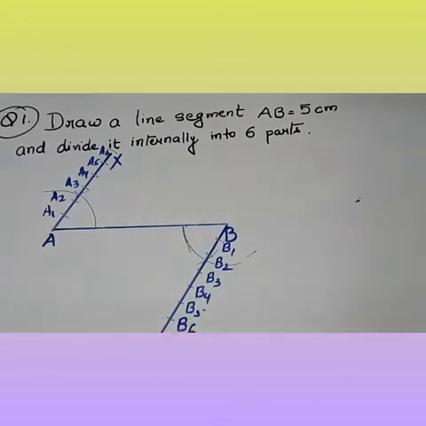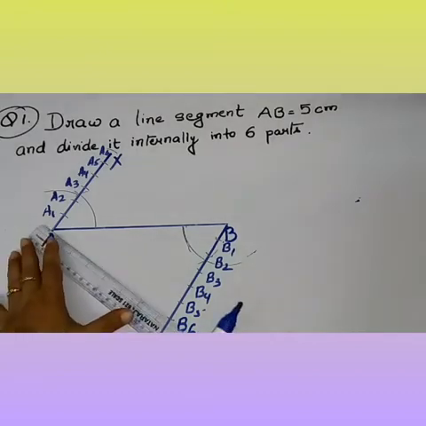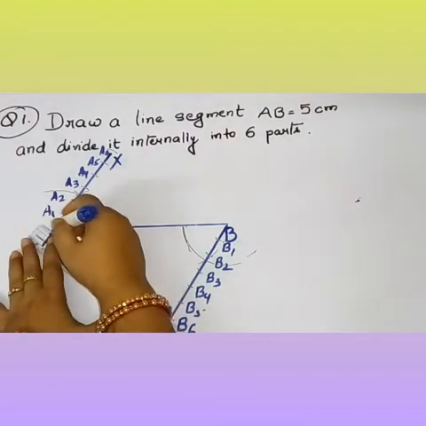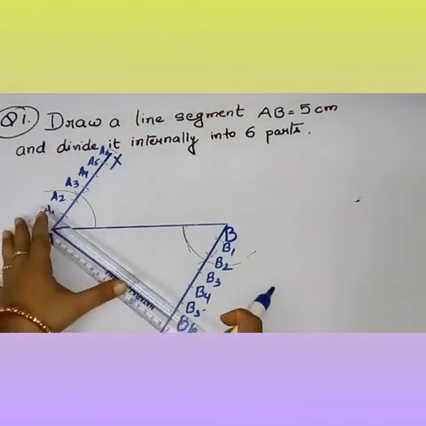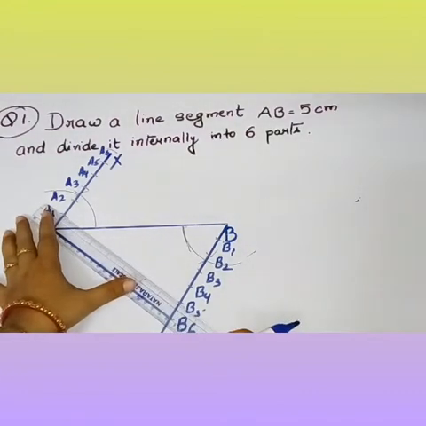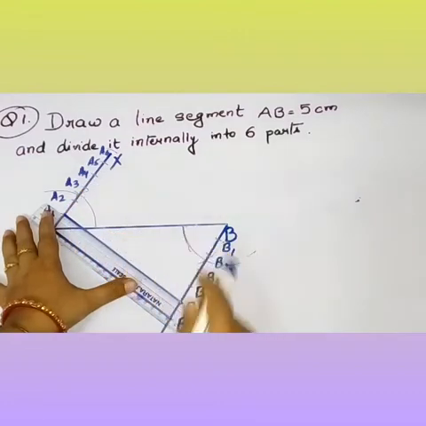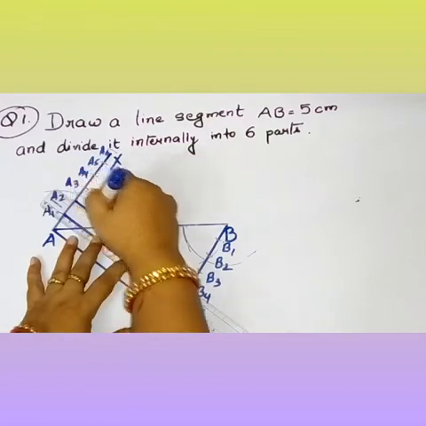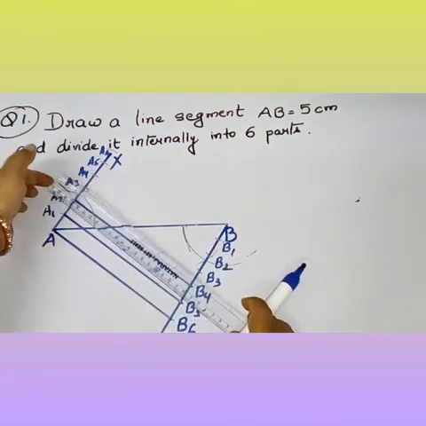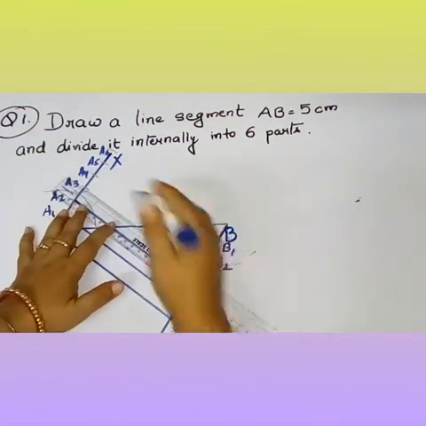Now what we will do, we will join A and B6. So let's join these two line segments, A and B6. Then A1 and B5. A2 and B4. A3 and B3.